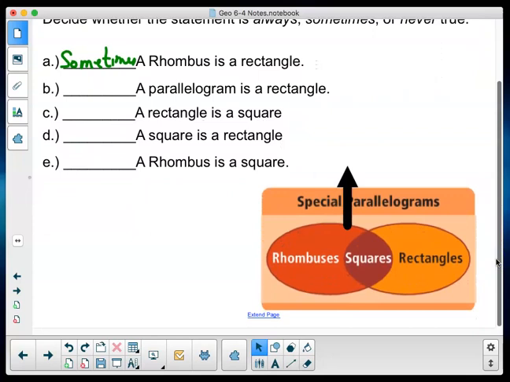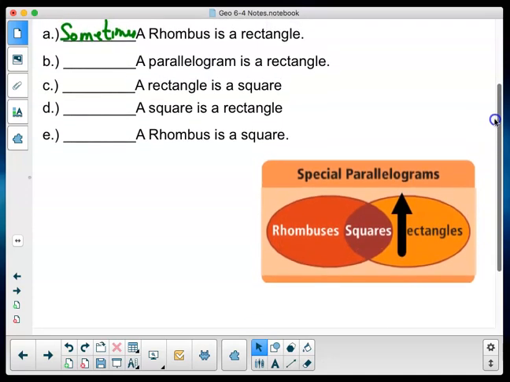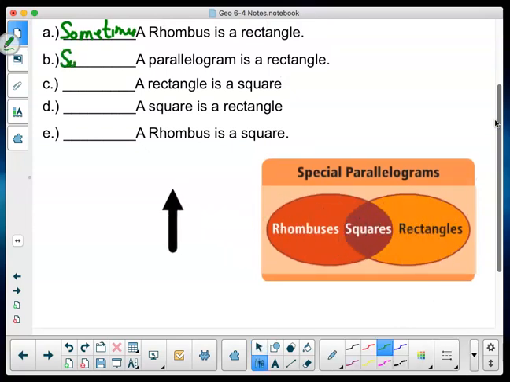If I talk about special parallelograms, right now I know all rectangles are parallelograms, but not all parallelograms are rectangles. So sometimes that's true.